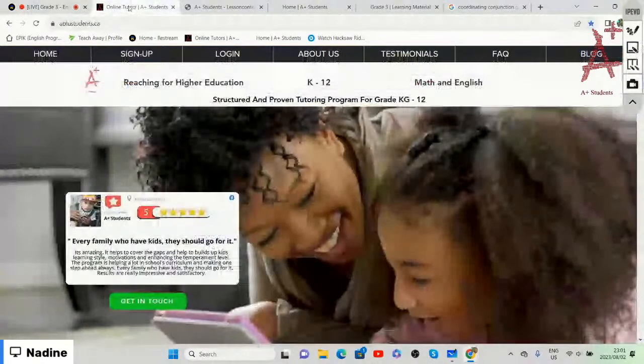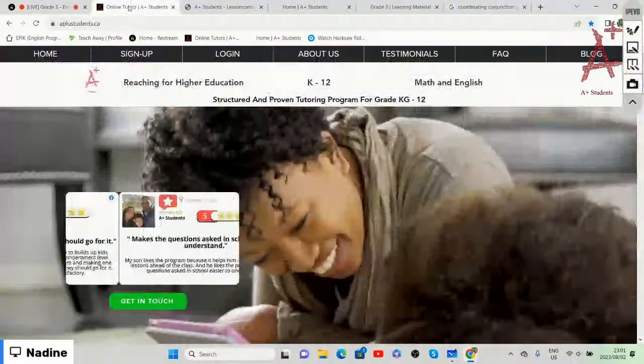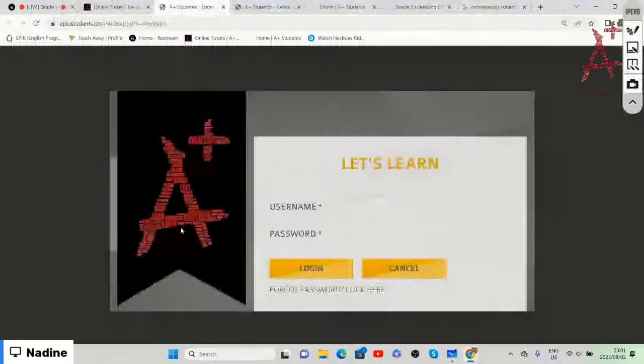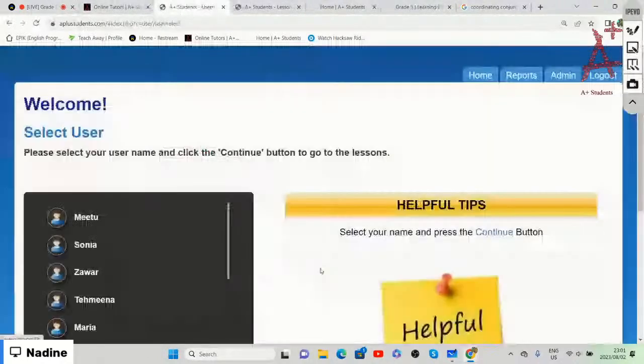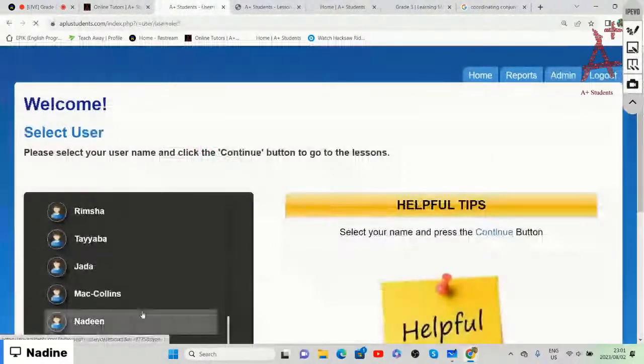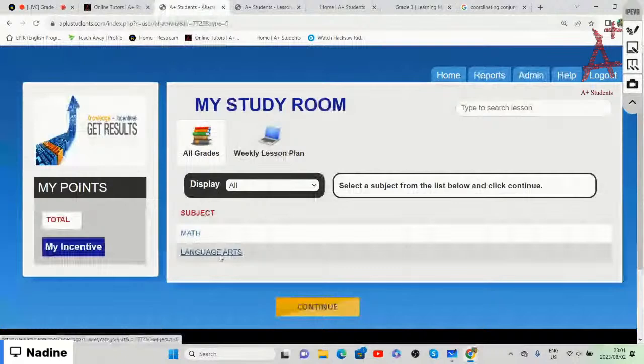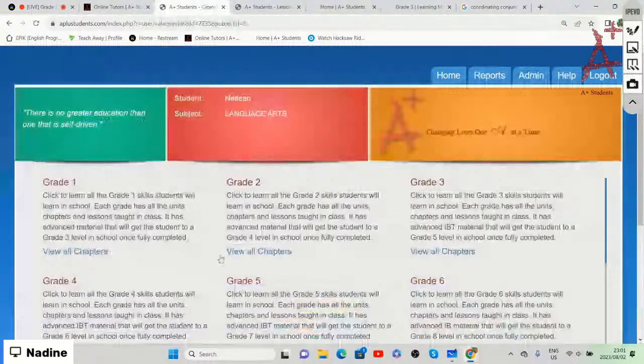Once we've logged into aplusstudents.ca with our username as well as our password, then we're going to choose the subject of language arts. And then we are going to grade 3.